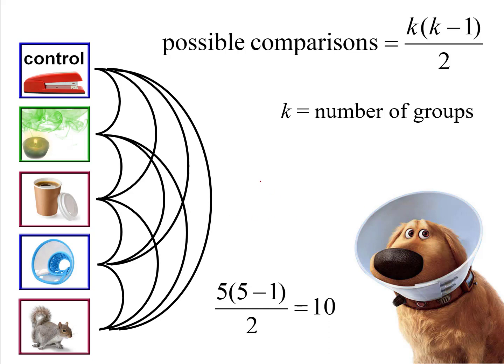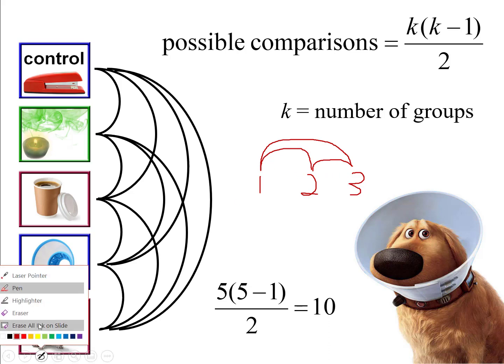For example, say I have 3 groups: group 1, group 2, and group 3. I could compare group 1 with group 2, group 1 with group 3, and group 2 with group 3, and altogether I can make 3 different group contrasts.